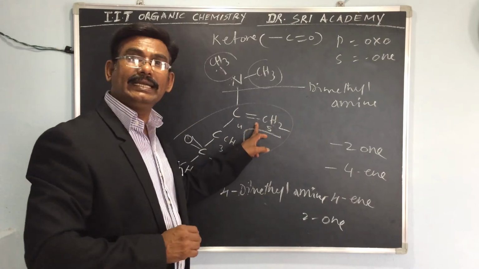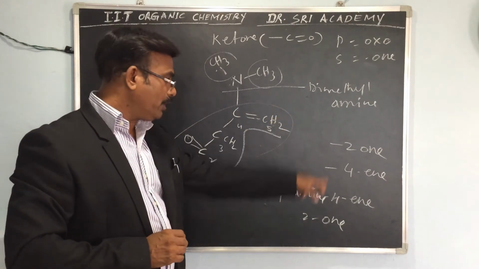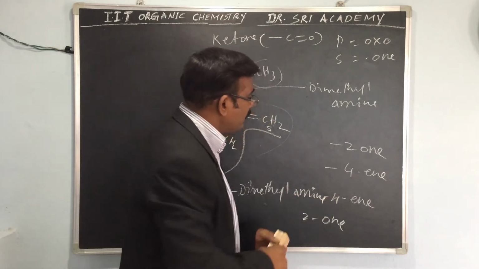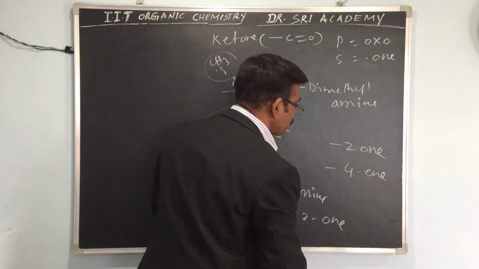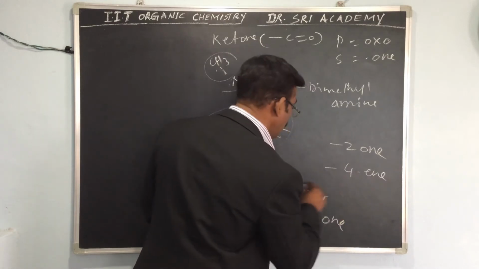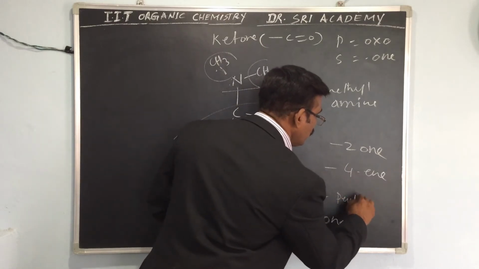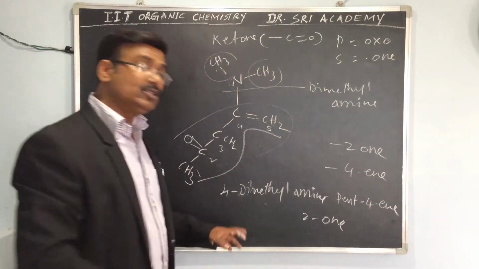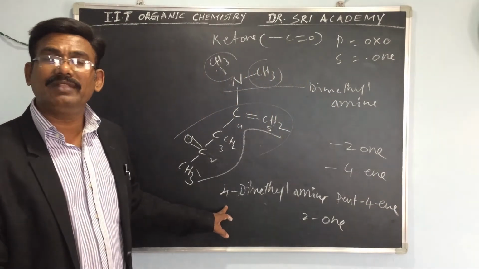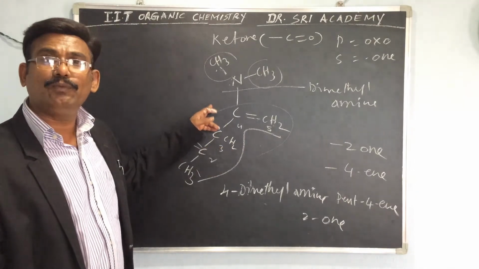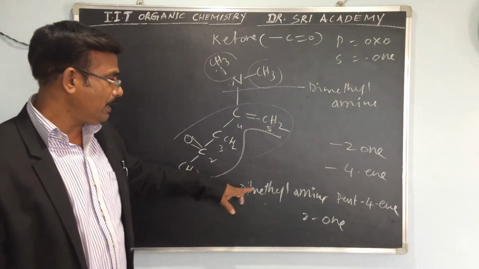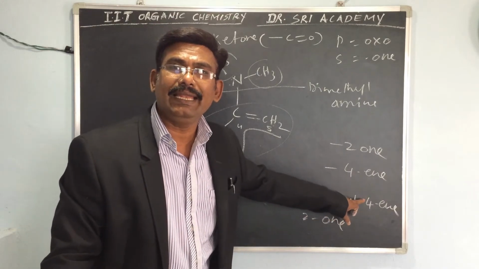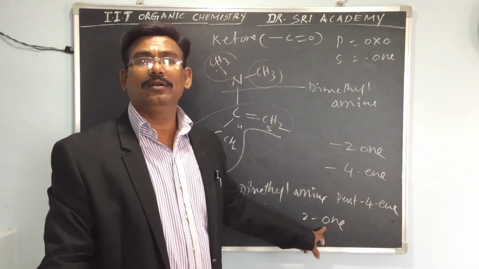So pent-4-ene. Now this is exactly the IUPAC name of this compound. So here, 4-dimethylaminopent-4-en-2-one.